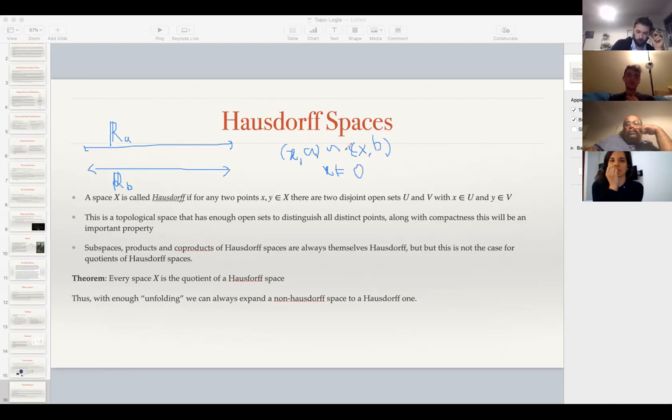So this is the equivalence relation. We're going to say these two are the same thing, and we're going to quotient by that. I don't know if you know what a quotient is. A quotient is when you glue things together. So we're going to have R_A disjoint union R_B, quotient this relation.